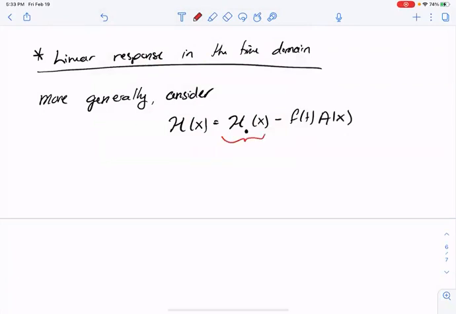So here is what encodes our reference, and here is our linear perturbation.